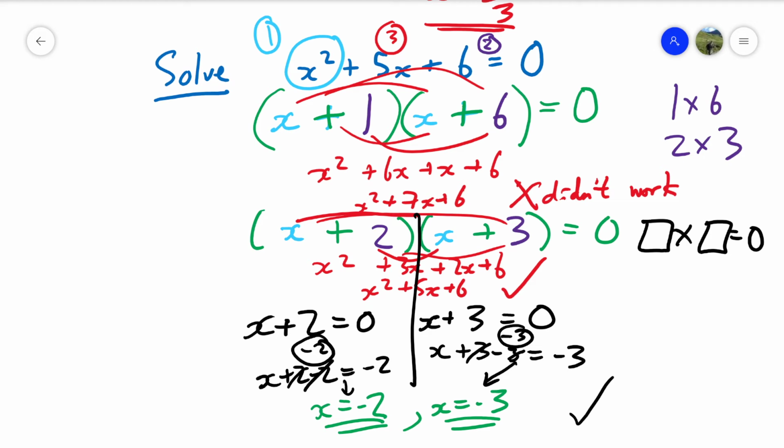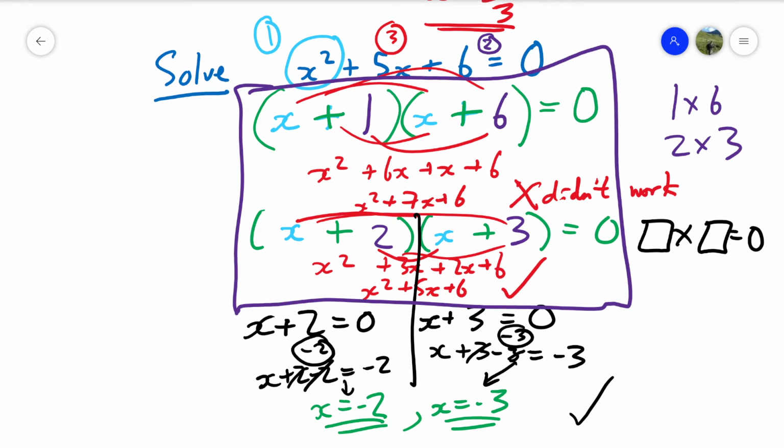I'm just going to finish with one little closing thought, which is this stage here, which is called factorizing, which I'm sure a lot of you knew. There are many approaches to factorizing quadratics.